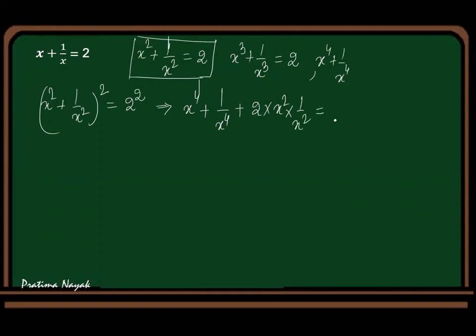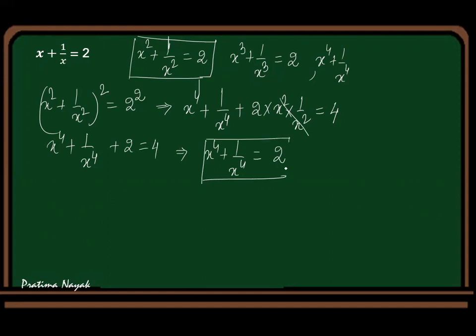Again, I forgot, it will be 4. So x to the power 4 plus 1 by x to the power 4, this is cancelled, plus 2 is equal to 4. Or this gives me x to the power 4 plus 1 by x to the power 4 is equal to 4 minus 2. How much? This is again 2.